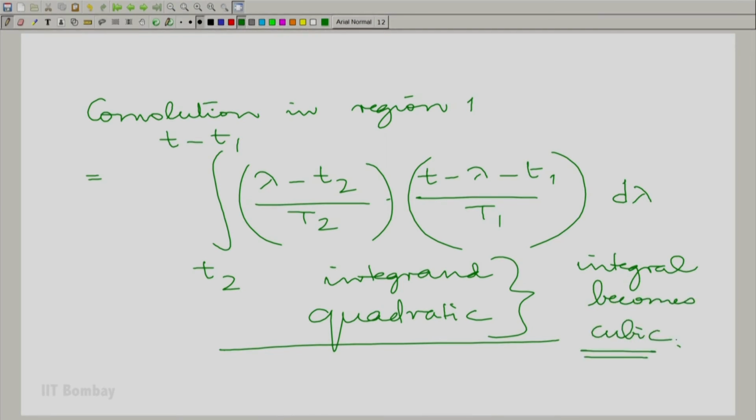It would require a little bit of algebra to work this out, and that calculation I am leaving to you as an exercise. I am leaving to you the things where you will have to work a little hard, but it would explain to you several things about convolution when you do it patiently and carefully. Now, the same approach can be followed for region 2 and region 3.